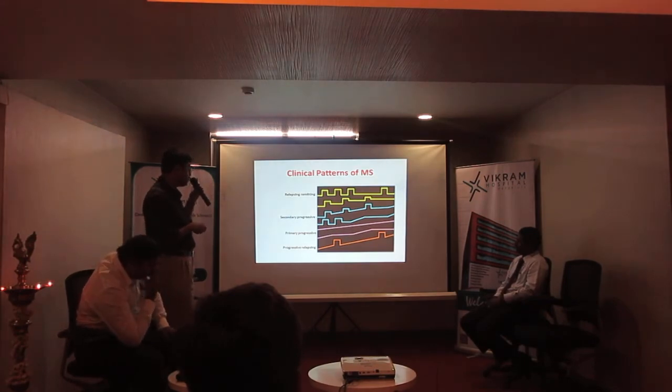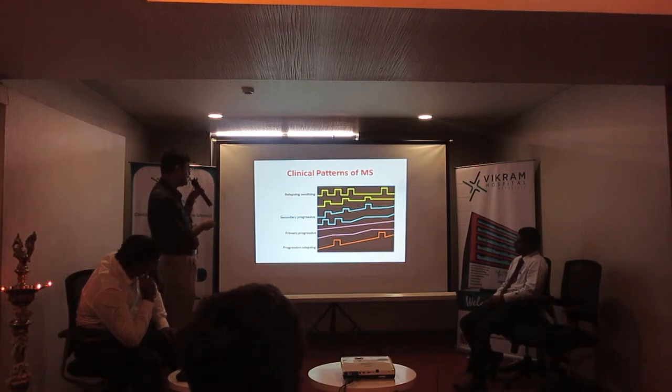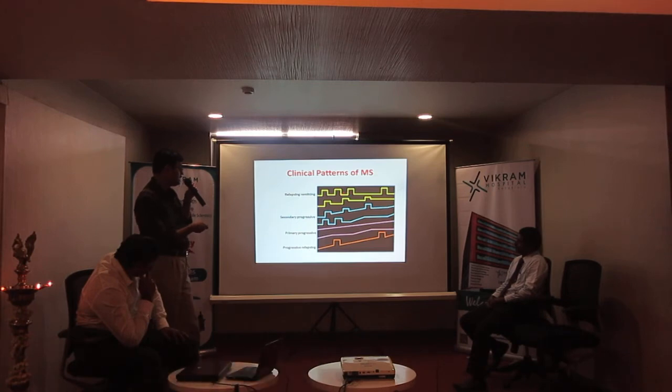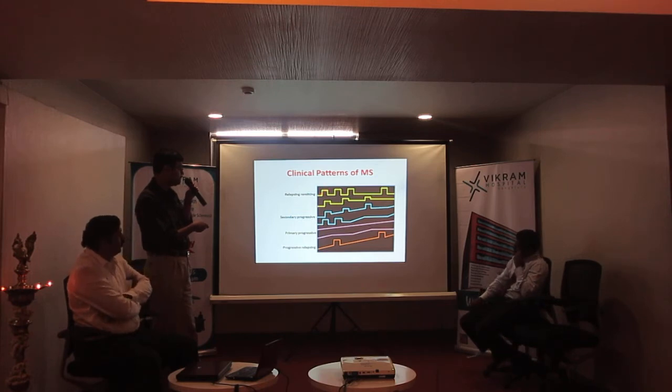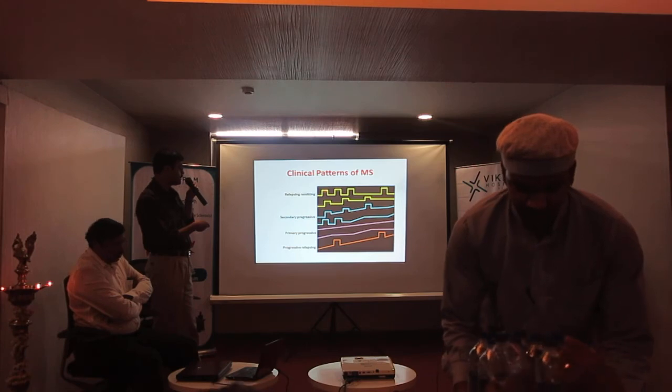These are the classical four patterns of MS that have been described from very early on when we came to know about MS. The most classical form is the relapsing remitting type. As you can see from this bar, the patient has a baseline, develops a neurological episode which occurs acutely, and those symptoms last for a while.